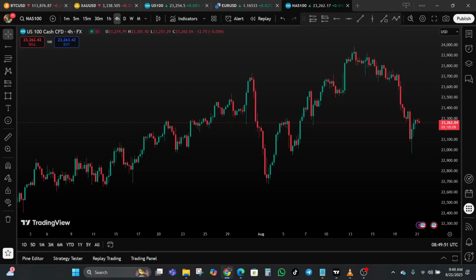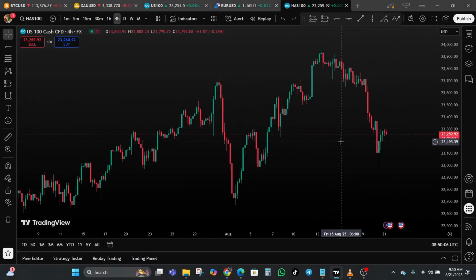But the truth is, indices behave in a very similar way to currencies because they are also driven by liquidity, institutional order flow, and market timing. The ICT indices strategy helps you take these same principles and apply them to larger market baskets, which can often provide cleaner and more directional moves.